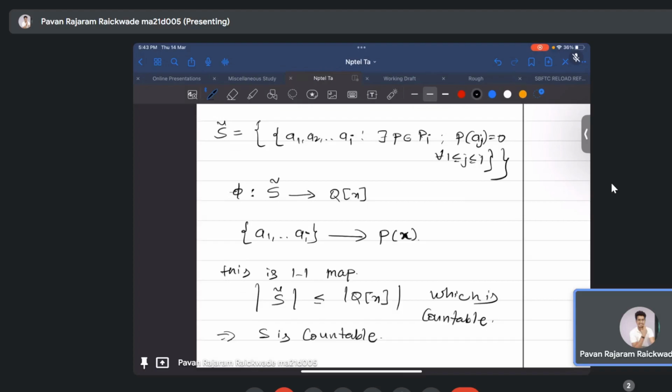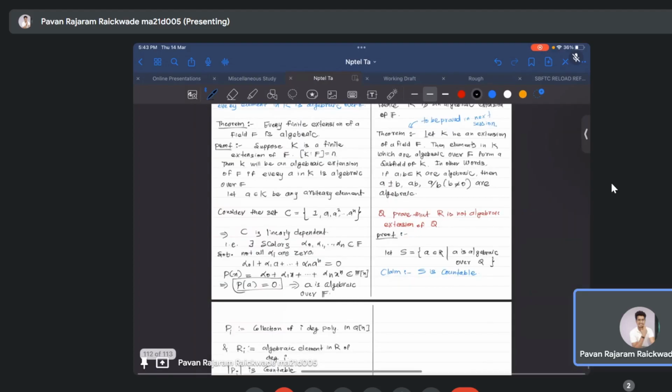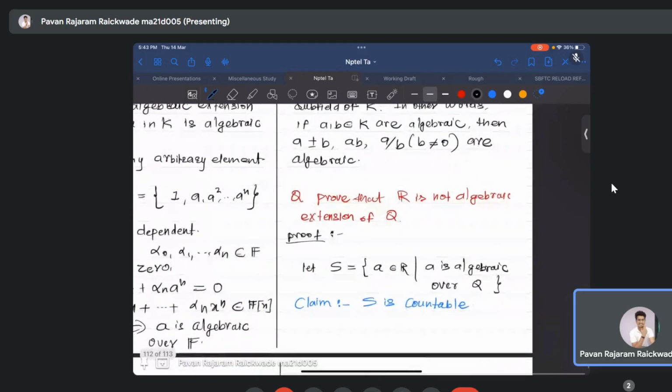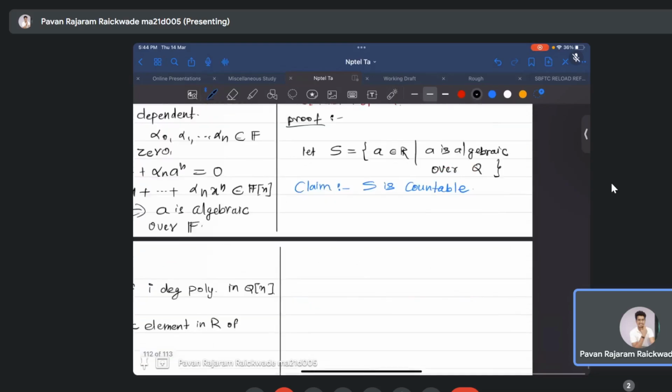So what you have shown is that the collection of all algebraic elements in R over Q is countable, but R itself is uncountable.